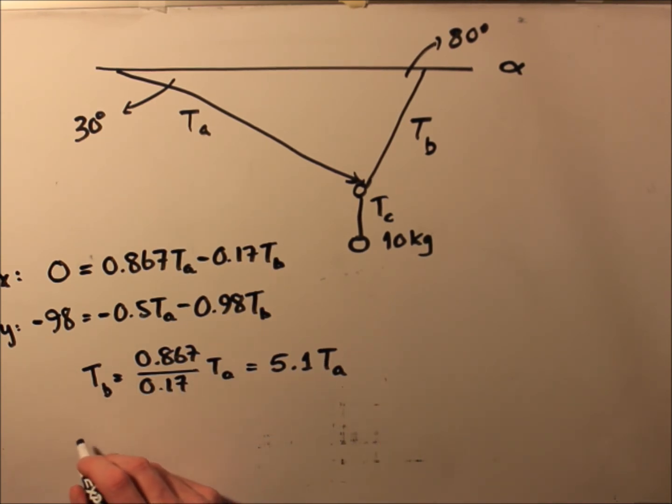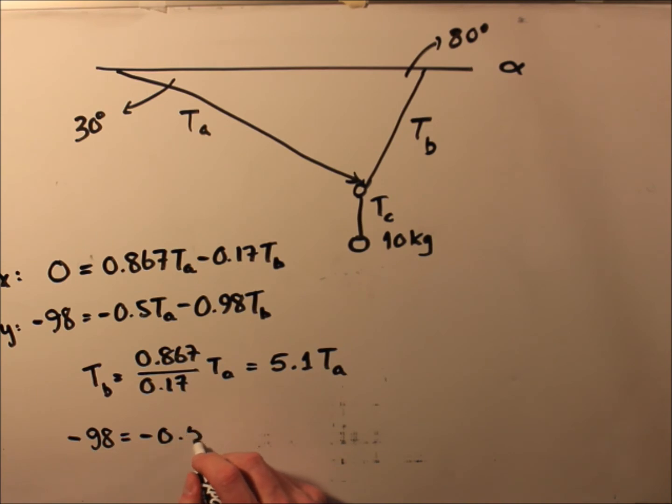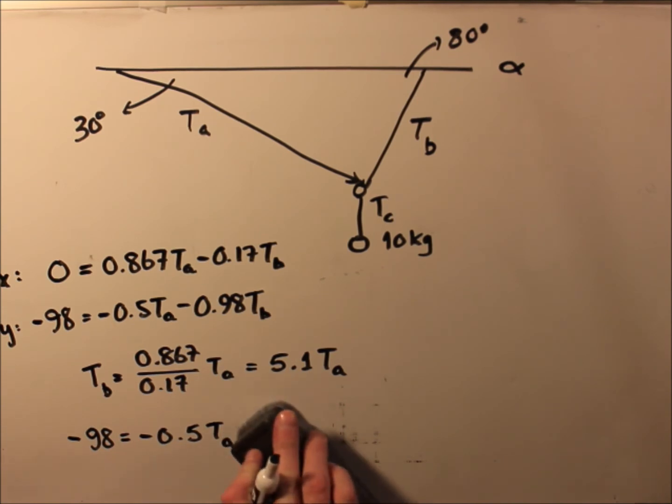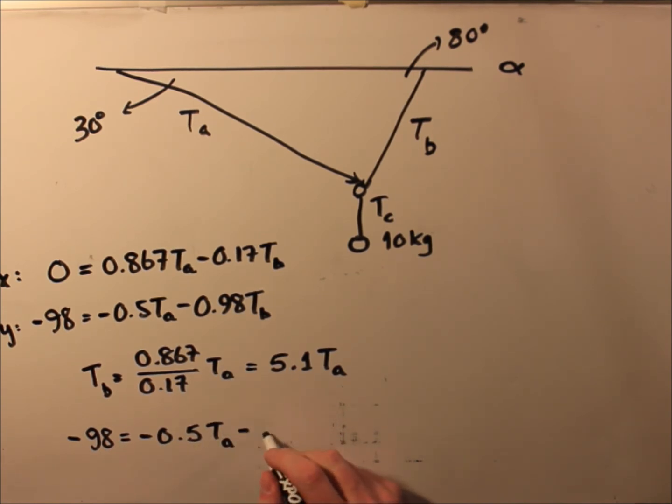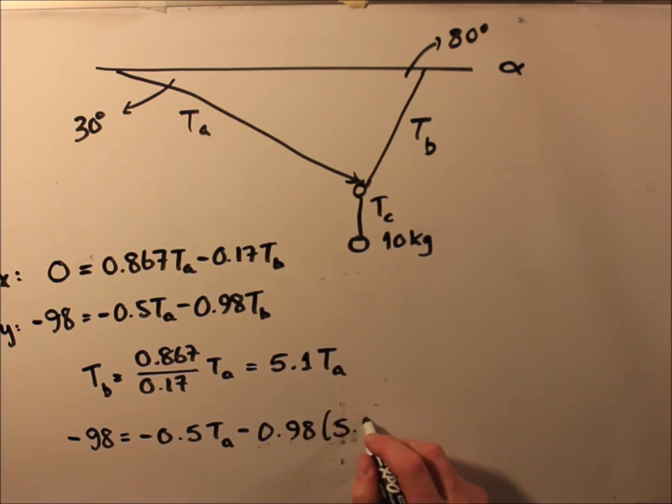So then we have negative 98, and when you substitute, don't get fancy, because you can get into some trouble when you do that. Minus 0.98 times 5.1 Ta. Now 0.98 times 5.1 is not going to be very different.